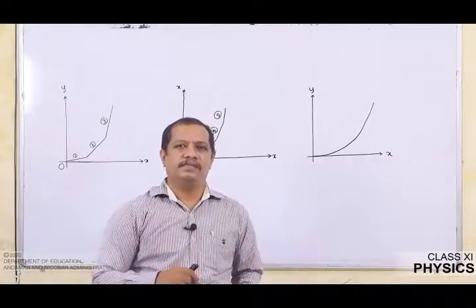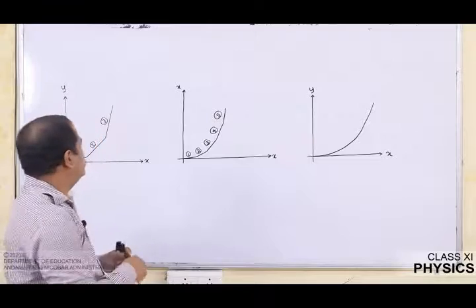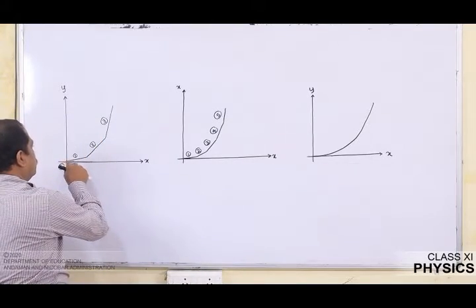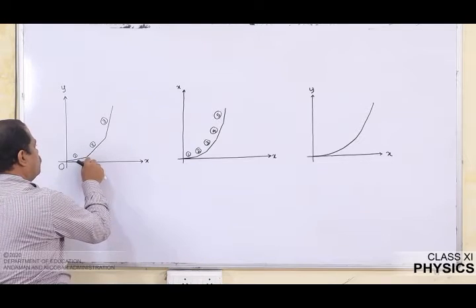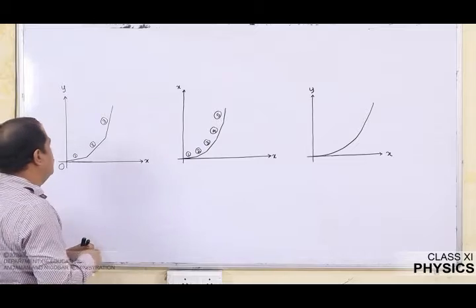So, dear students, I have a different situation for you now. Let us look at the first graph. Here on this graph, I have one straight line, followed by a second straight line, followed by a third straight line.